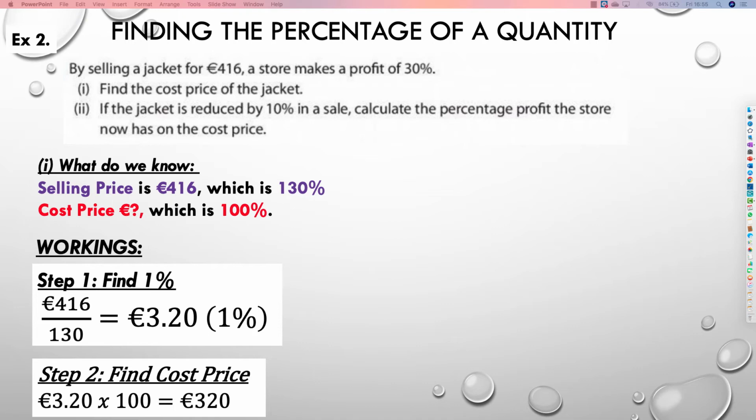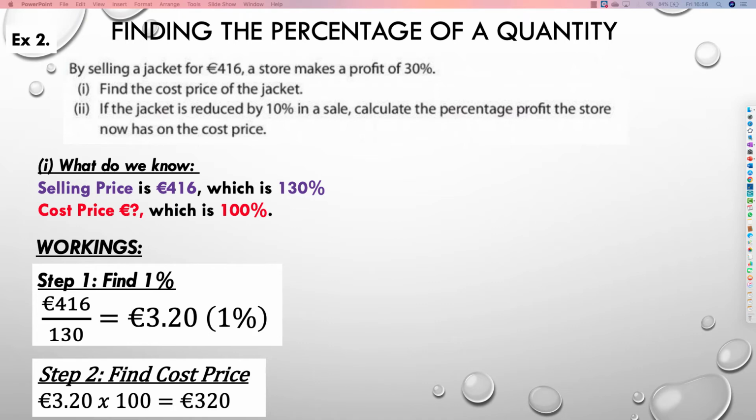If the jacket is reduced by 10% in a sale, calculate the percentage profit the store now has on the cost price. So if the jacket is reduced by 10% in the sale, find 10%. So, find me 10% of what? 400 and?